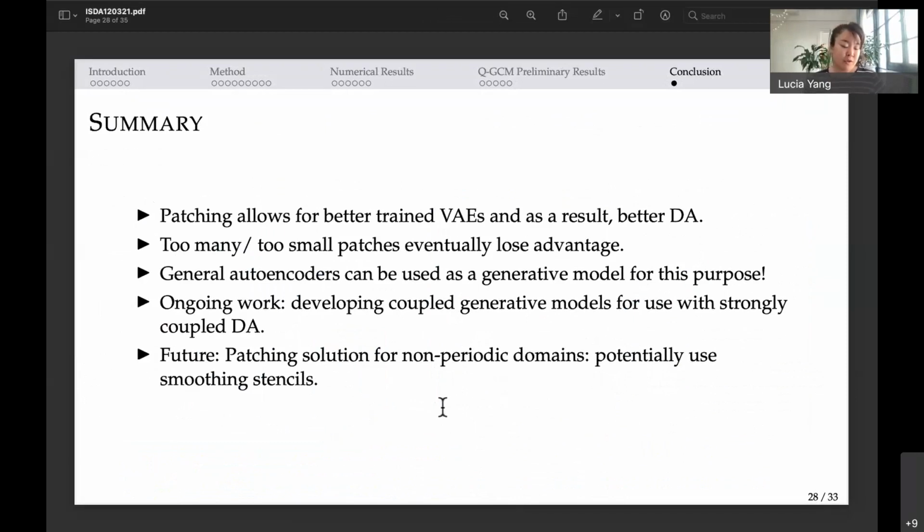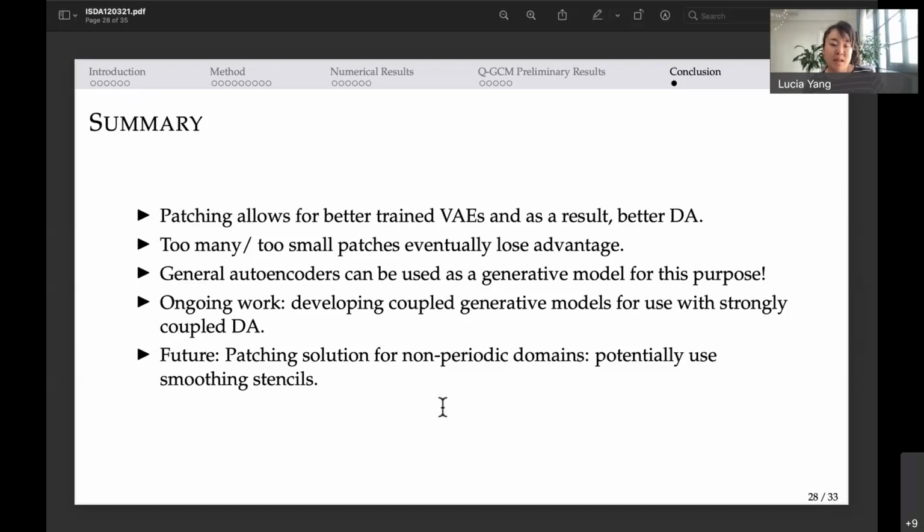Sure. Okay, so I've introduced to you a way of using machine learning as a generative model to construct analogs to estimate the background covariance matrix, and some ways of improving this method by allowing general autoencoders instead of VAEs, and also using patching to make this more feasible for bigger problems.